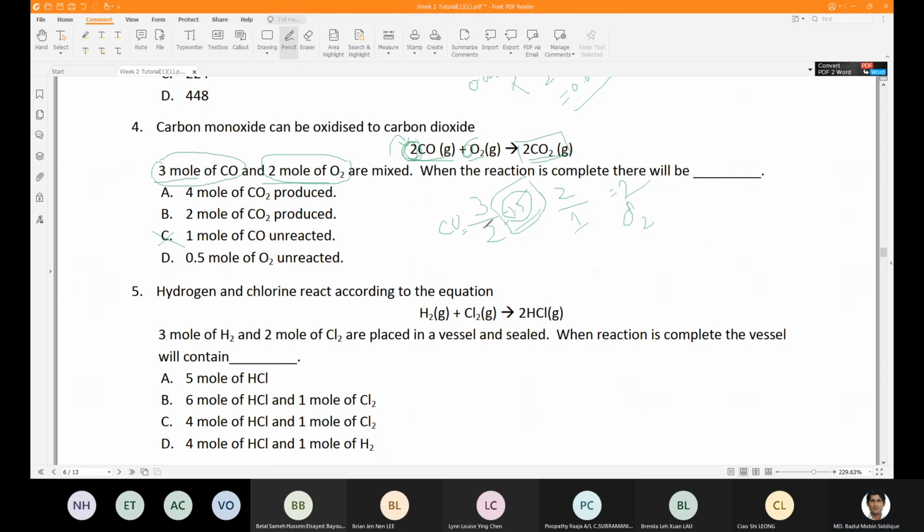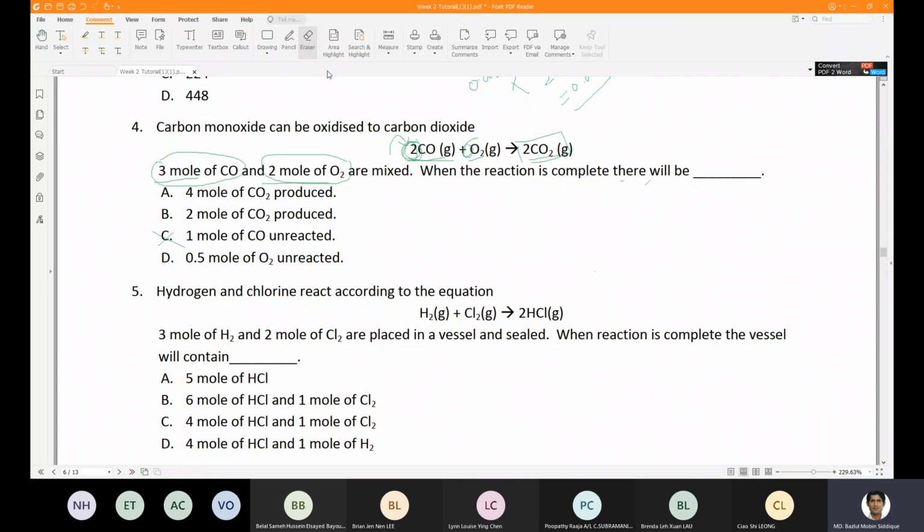Sorry, not 1.5. This one we needed to know to find out the limiting reactant, and now we have already found the limiting reactant. Now we are not considering this anymore. This is just our info to get which one is the limiting reactant, and then we are done with this.